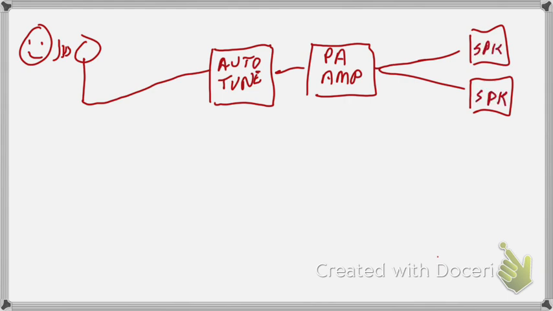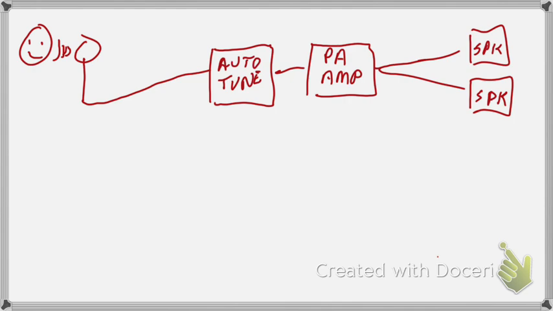And as crude as that analogy might be, it's not a bad one. The microphone's input is your voice. The microphone's output is electricity. The auto-tune's input is that electricity. It changes it into better electricity. Goes into the PA amp. The PA amp's input is an electrical signal.